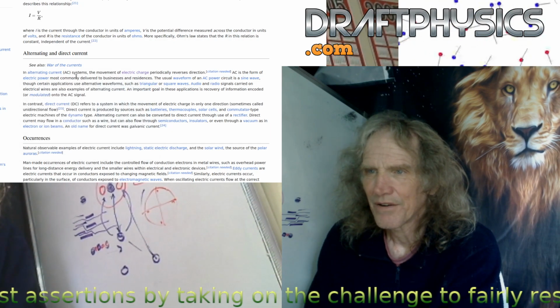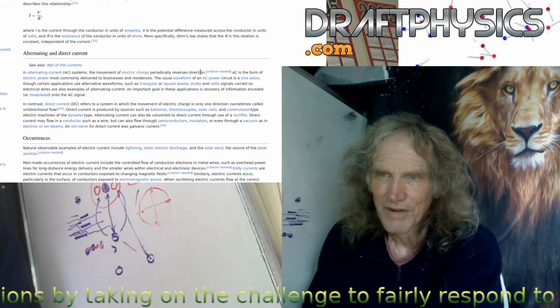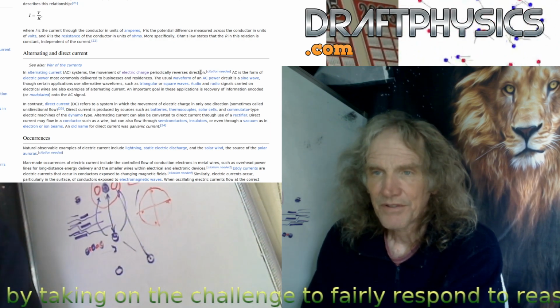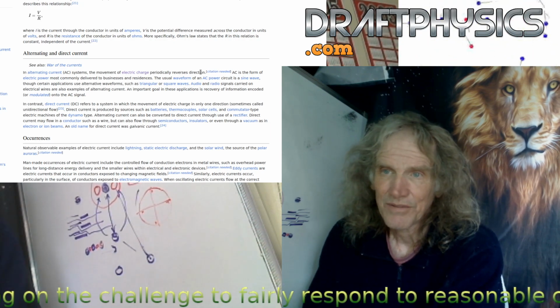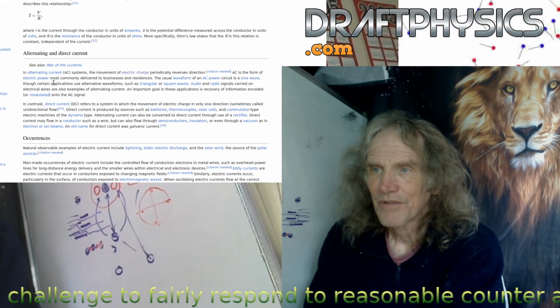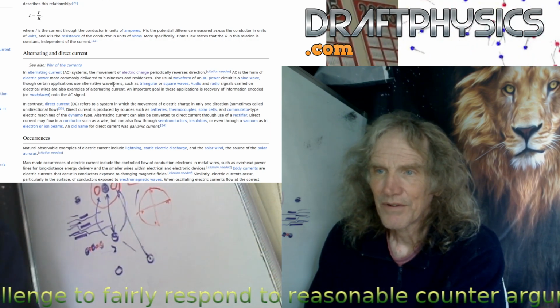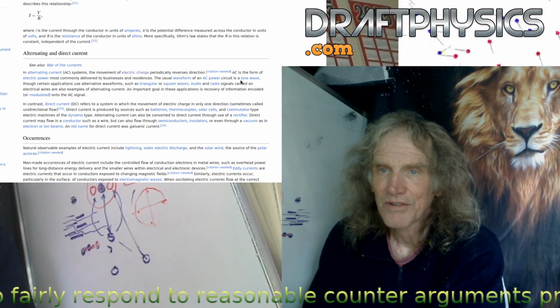In alternating current, AC systems, the movement of electric charge periodically reverses direction. So you don't need to reverse direction to cause induction. That should be understood. AC is the form of electric power most commonly delivered to businesses and residences. The waveform of an AC power circuit is usually a sine wave.